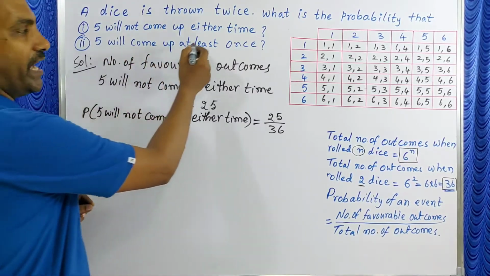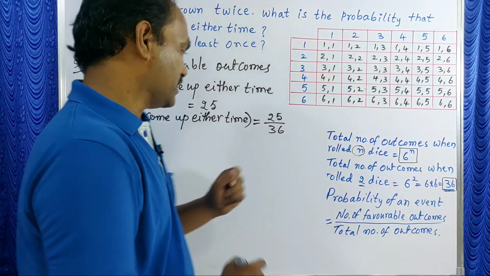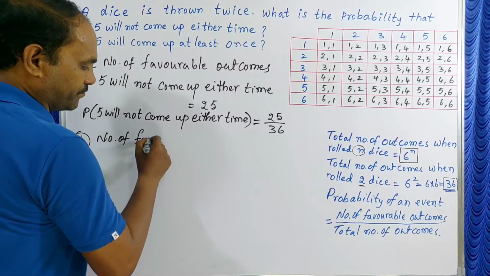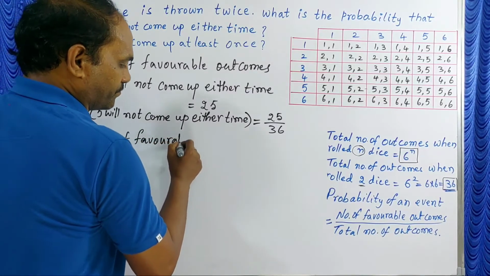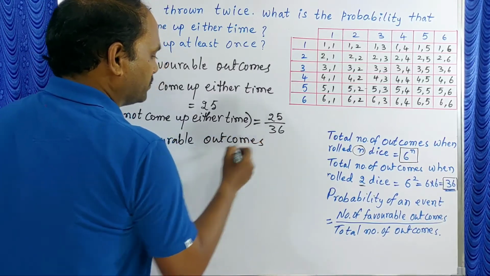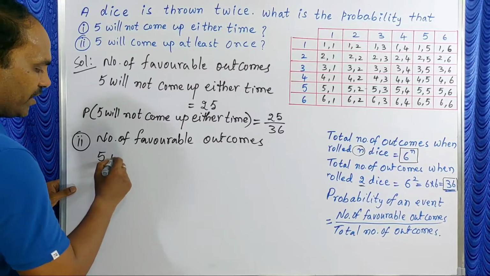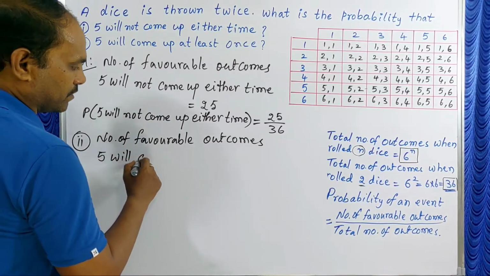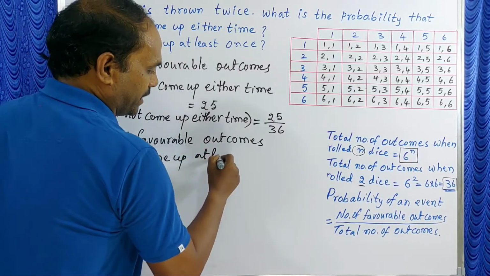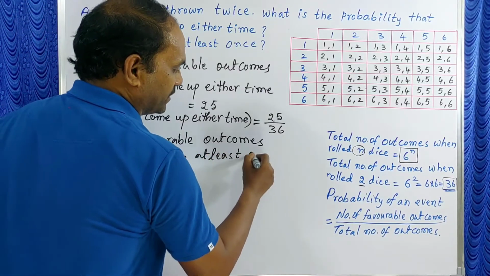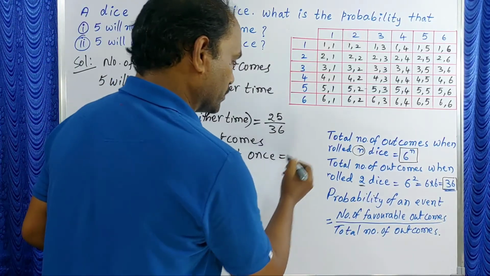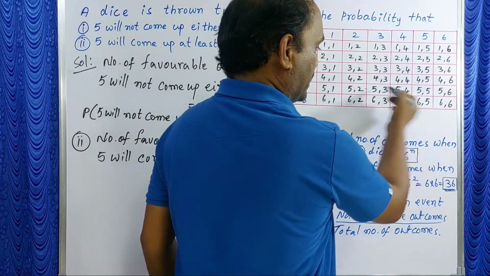5 will come up at least once. Let us check the number of favorable outcomes. 5 will come up at least once is equal to, here this one and this line.